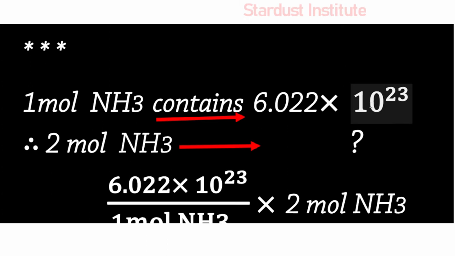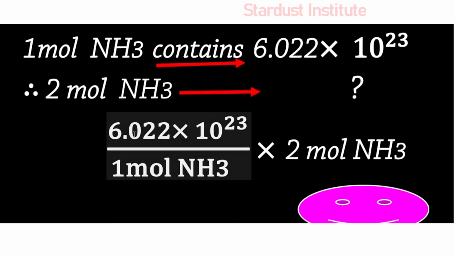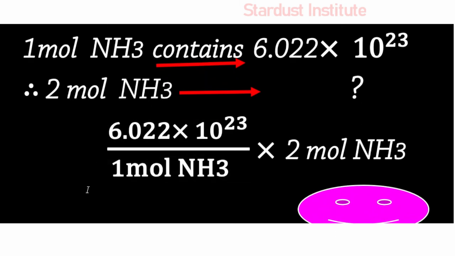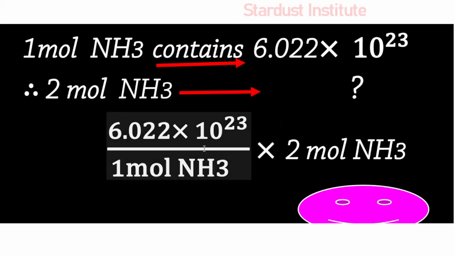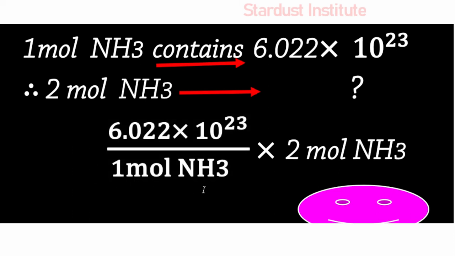This Avogadro number divided by 1 mole ammonia multiplied by 2 mole ammonia.